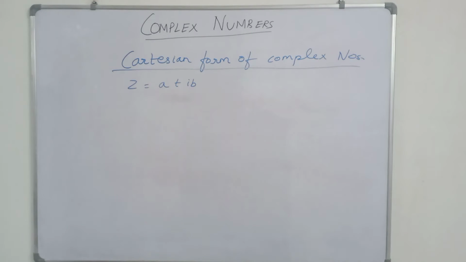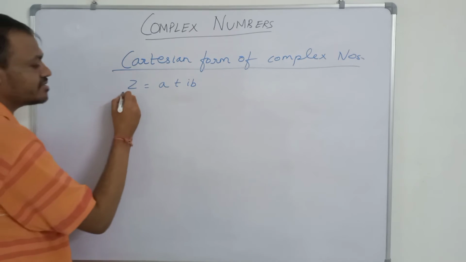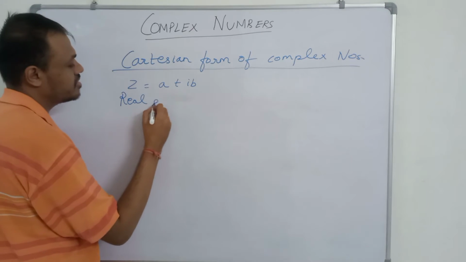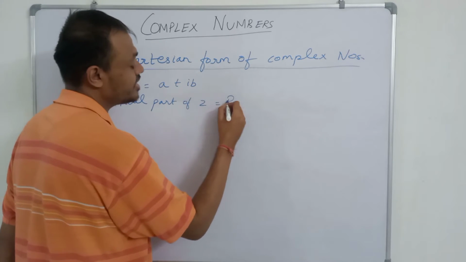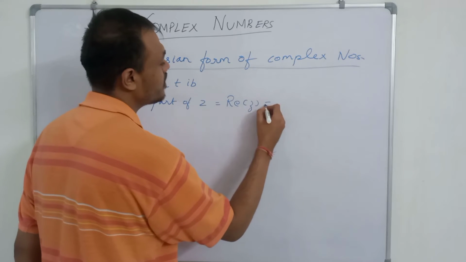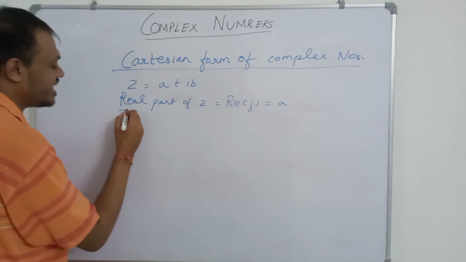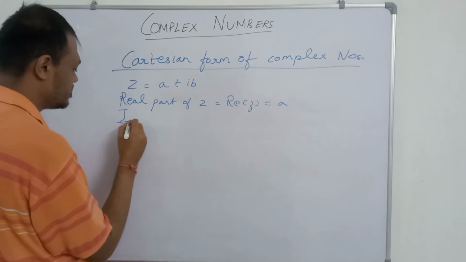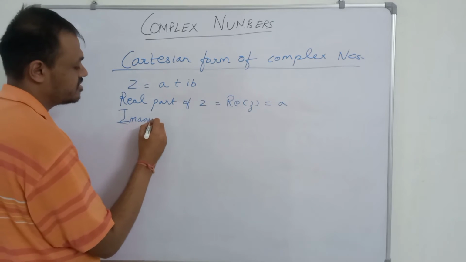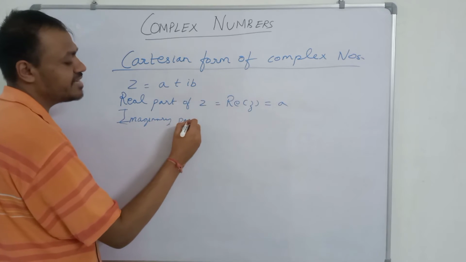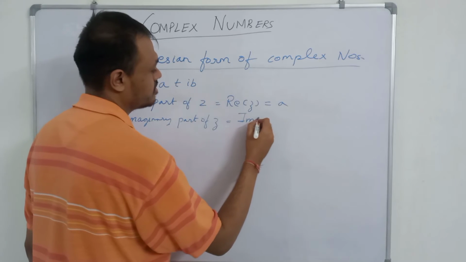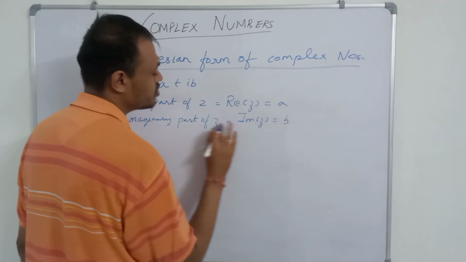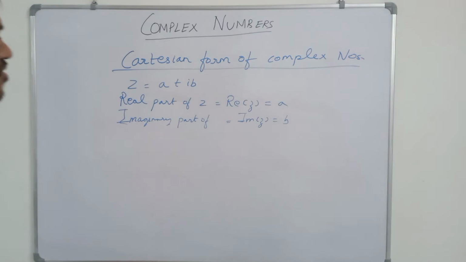In the Cartesian form, z equal to a plus iota b, the real part of z, which we denote by Re of z, is equal to a, where a is the real part, and the imaginary part of z, which we denote by Im of z, is denoted by b. So this is called the Cartesian form of complex numbers.